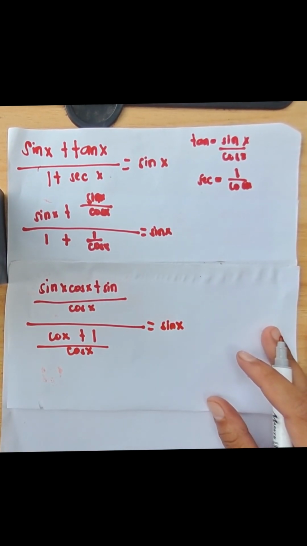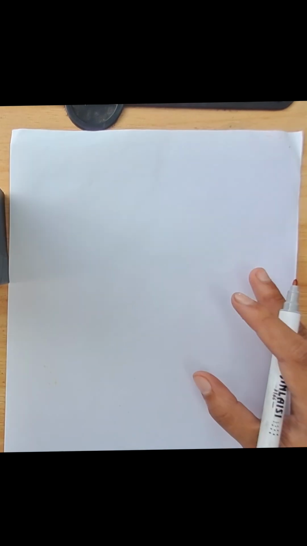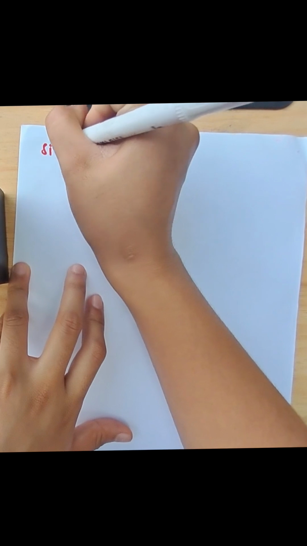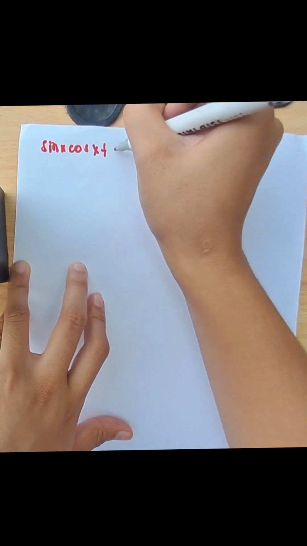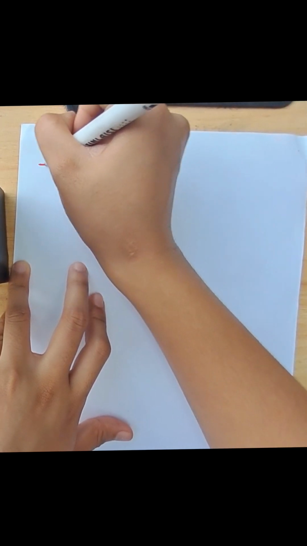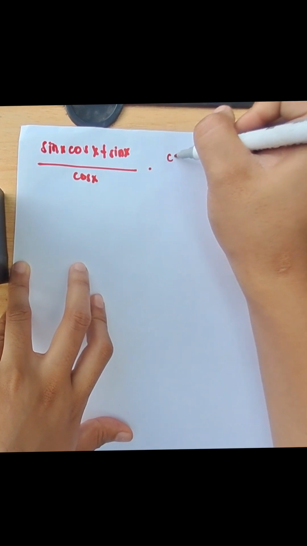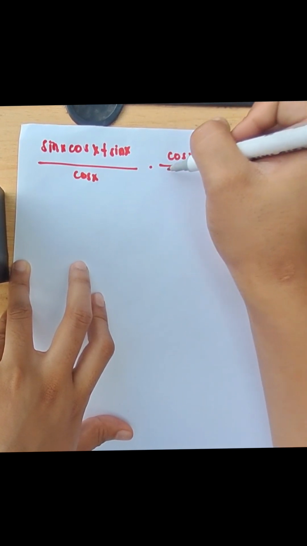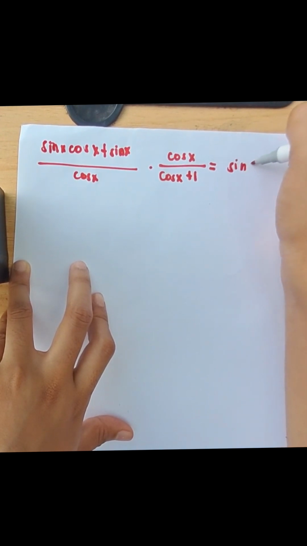So, now, let's simplify the numerator and denominator. First, let's simplify the numerator. So, we have here sine x cosine x plus sine x over cosine x times cosine x over cosine x plus 1 equals sine x.